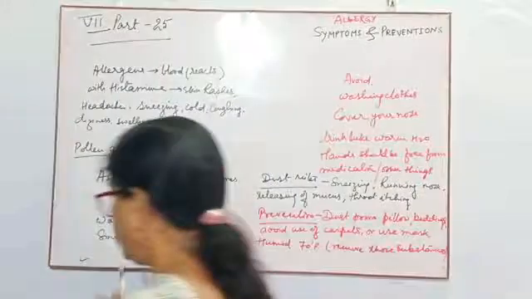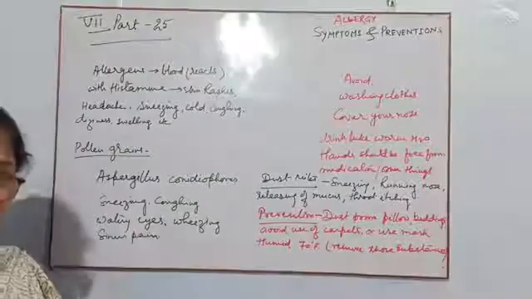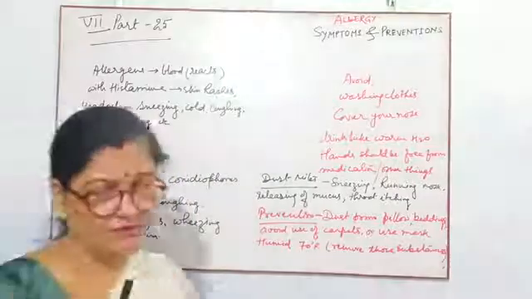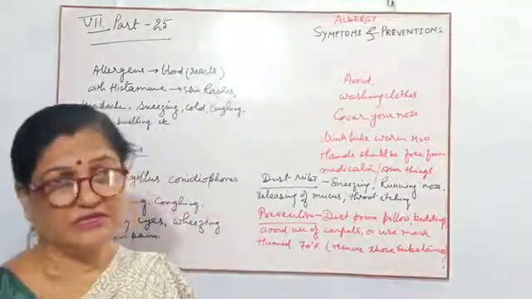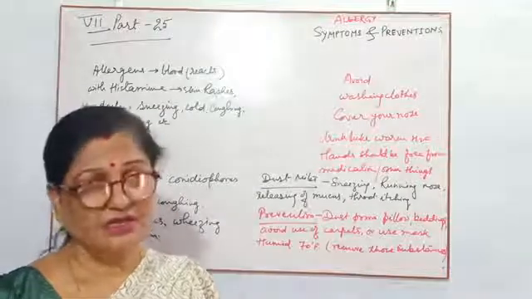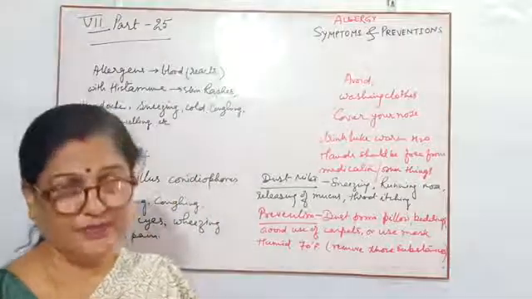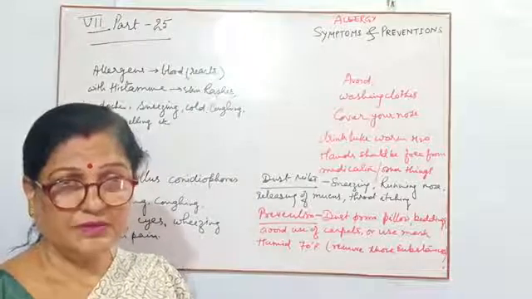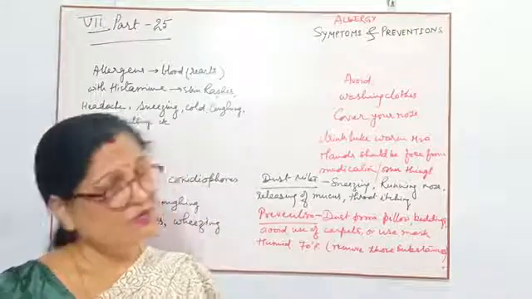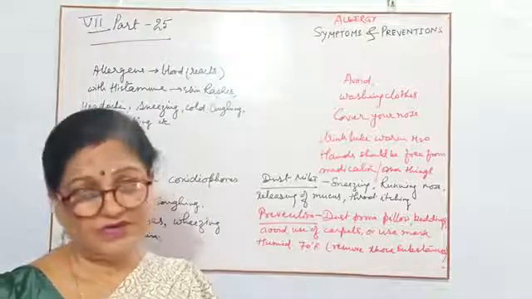So children, when the allergens move or reach inside our body, before in the previous video I told you, if it is food allergy, then it will go into the stomach or the alimentary canal, and it will show some indigestion or vomiting, any type of undesirable activity within our alimentary canal, and lastly we will throw it along with our feces, that is undigested or unwanted material.